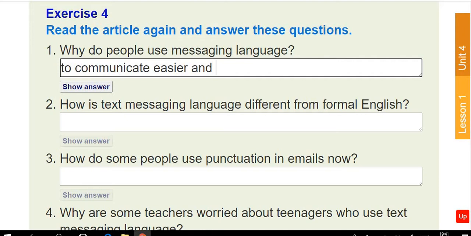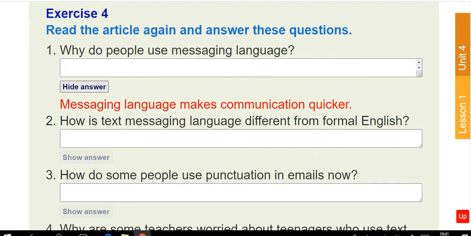Messaging language makes communication quicker. That's correct. Okay. Now, how is messaging language different from formal English?